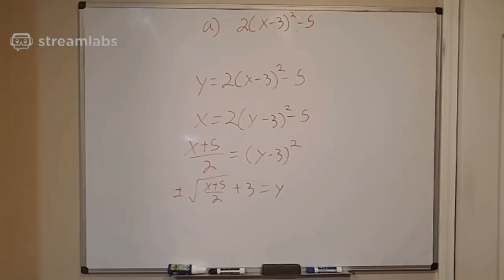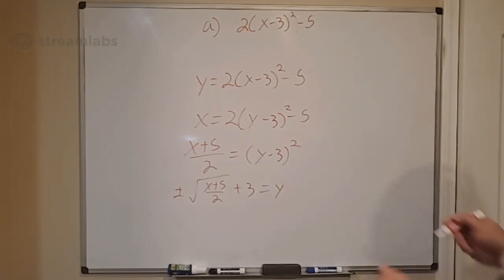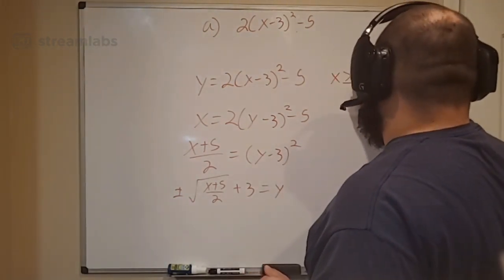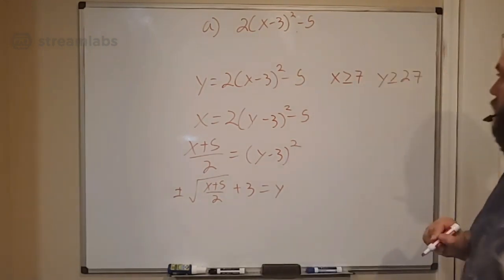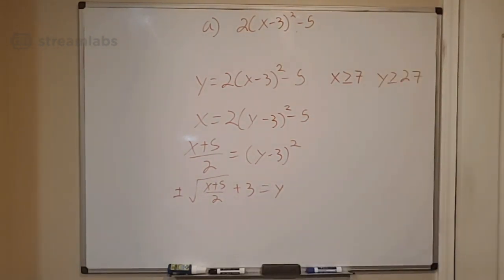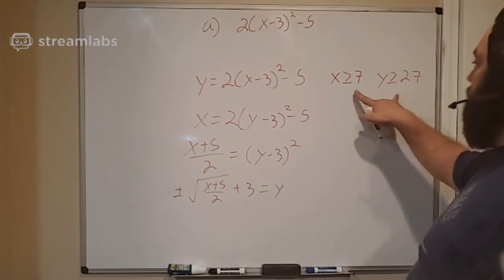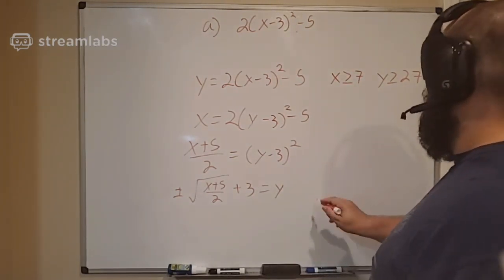If we look at the answer to part C, the range is, so we know for this function, x is greater than or equal to 7, and y is greater than or equal to 27. So in our inverse, we need that x is greater than or equal to 27, and y is greater than or equal to 7.